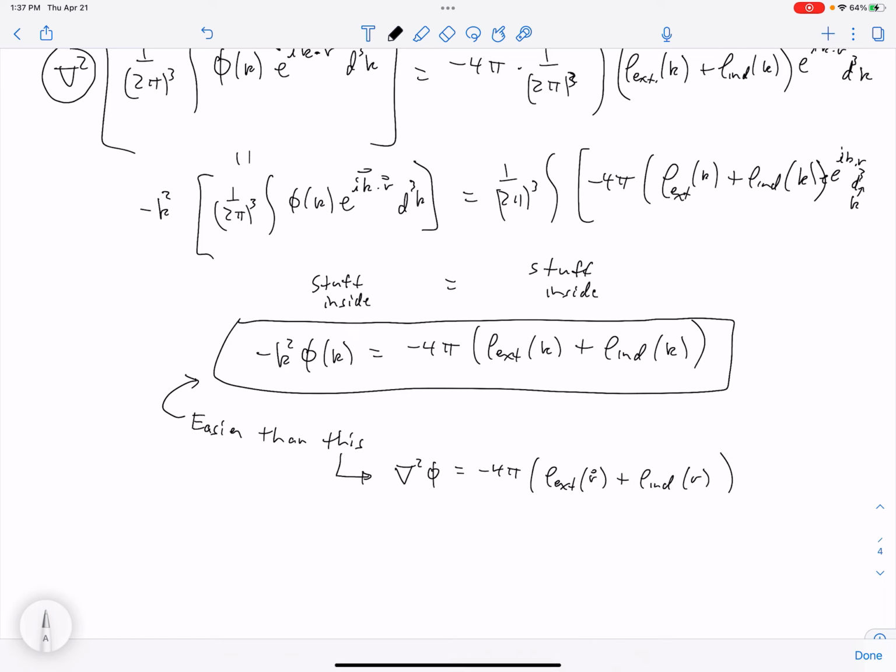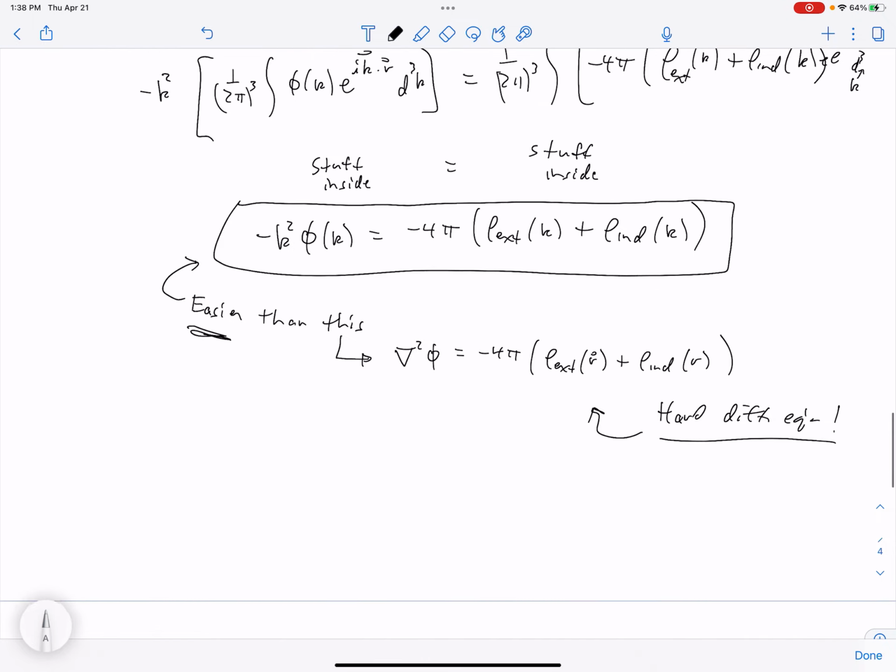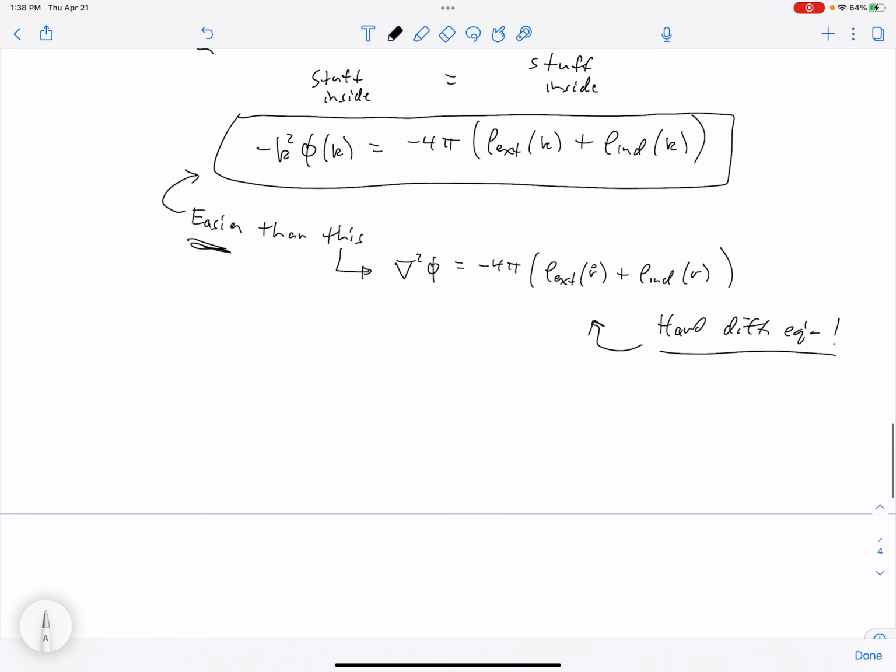And that's hard. This is a hard differential equation. But by putting it into Fourier space, it becomes easier. That del squared turns into just a k squared. That's why we do it.